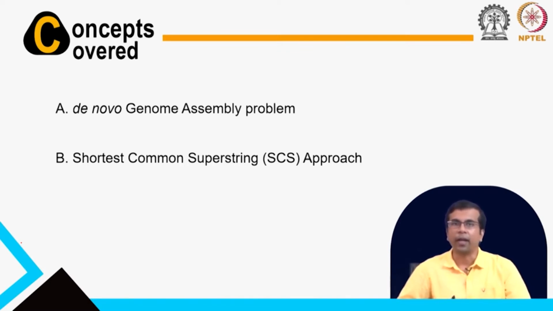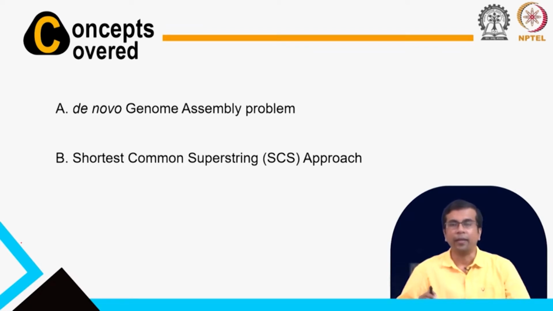Similarly, we have this genome assembly problem, especially de novo genome assembly. We are building this genome from scratch, so we do not have any comparison or reference. This is a very difficult problem. We will first elaborate on this problem so that you understand how difficult it actually is.